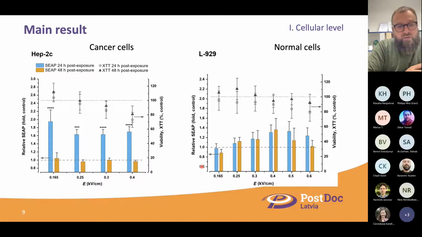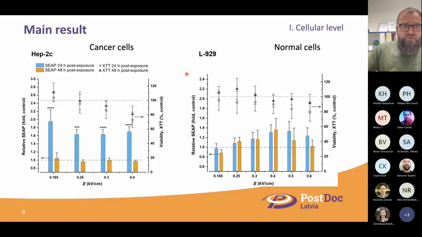And this nuclear factor kappa beta promoter can be used as a promoter to investigate some biological effects of pulsed electric field treatment.